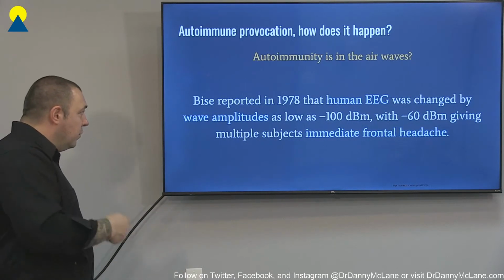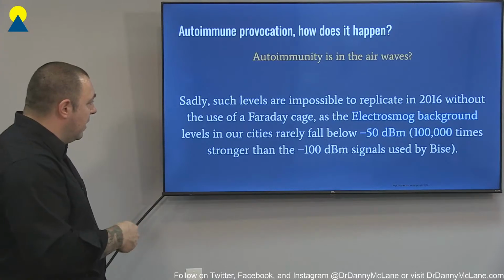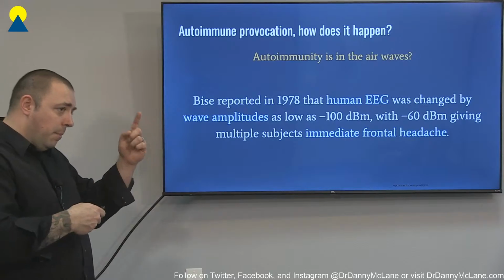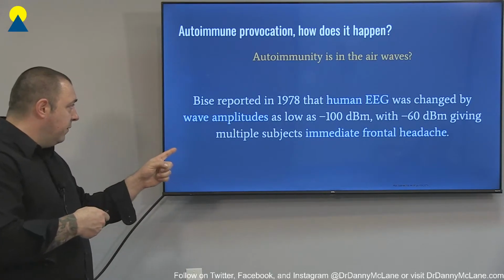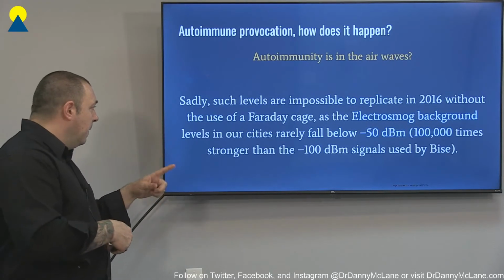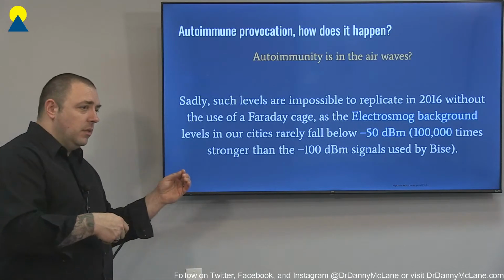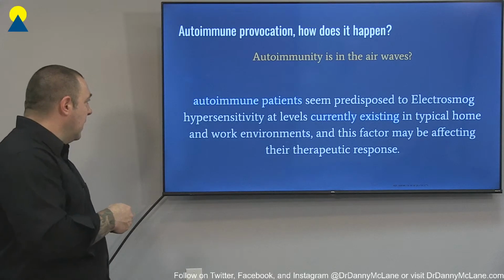So what this is saying is this study demonstrated changes in brainwave frequencies and caused an immediate frontal headache. And we are living in a world where it's 100,000 times stronger just on our day-to-day basis.